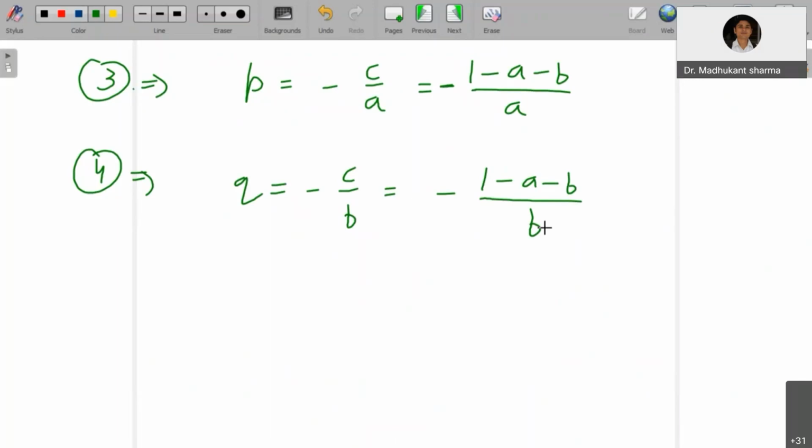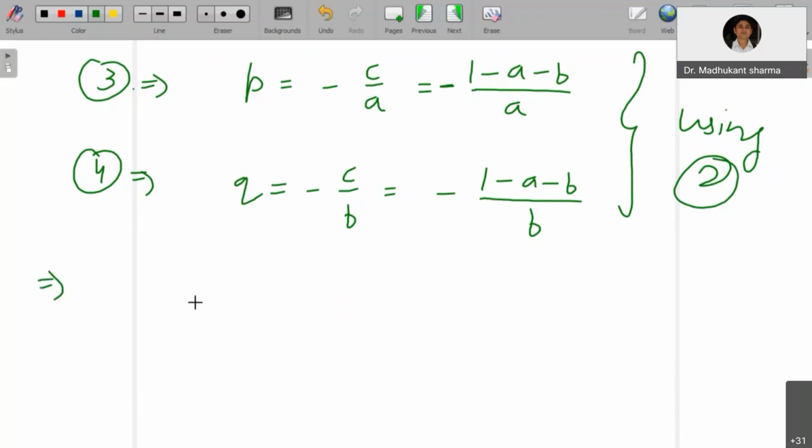So what you can do now is have two equations in two unknowns. This is using 2. Further, this implies ap plus 1 minus a minus b equals 0, that first equation.